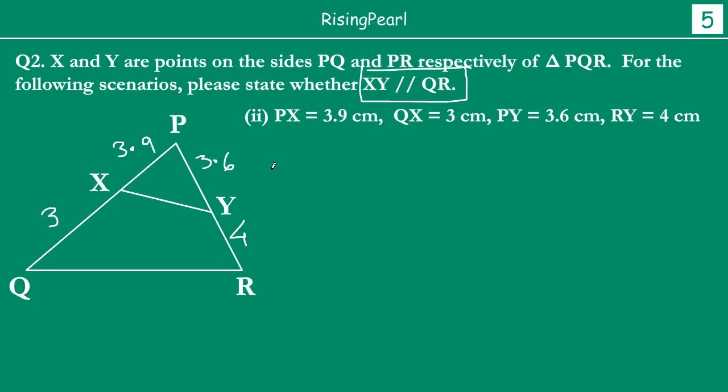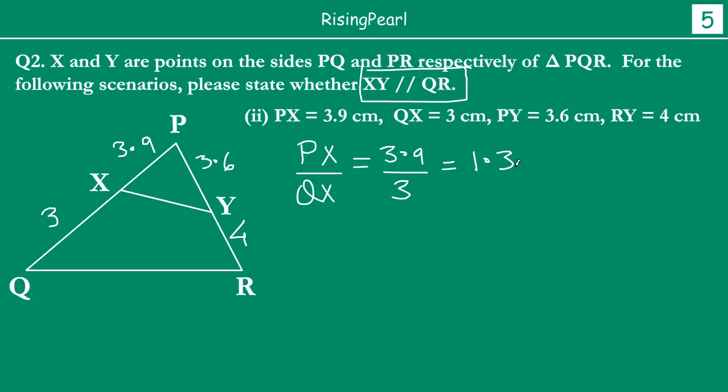So again we want to find out the ratios. We are going to first find PX divided by QX. We have 3.9 divided by 3. If you do this, you will get 1.3, because 3 13s are 39 and you have the point.